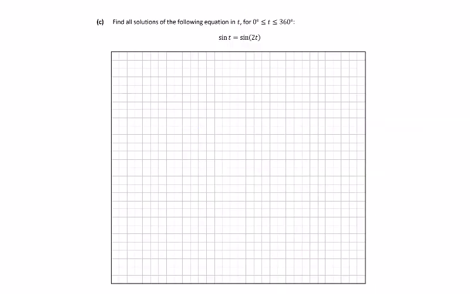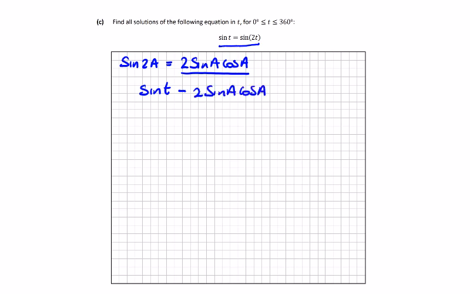Part C, we have this kind of trig equation, sine t is equal to sine 2t. So we want all the solutions. So I think the best approach here is that the sine of 2A from the tables is equal to 2 sine A cos A. So what we're going to get is the sine of t, and if I bring across the sine of 2t, I get minus this guy here, 2 sine A cos A, and that will be equal to 0.